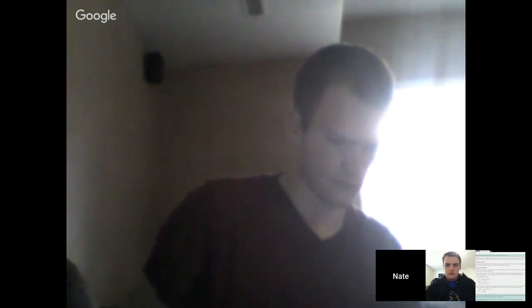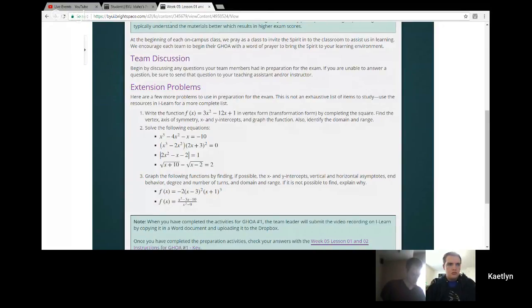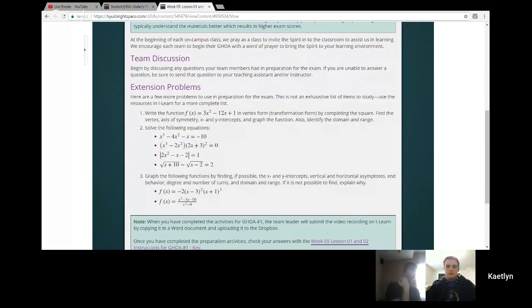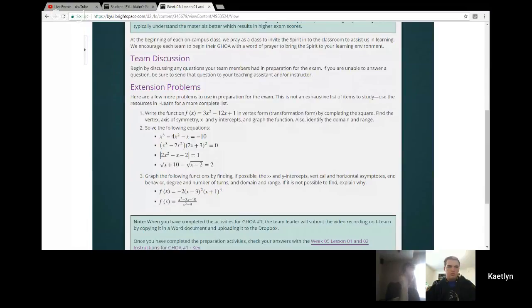Minus 4/3. Yeah, because you pull out 3, and it gives you x squared minus 4x, but then you have to divide by what you pulled out. Oh yeah, oops, sorry. Keep going. And then you multiply it by 0.5 and then square it, right? It's divided by 1/2 of 4.